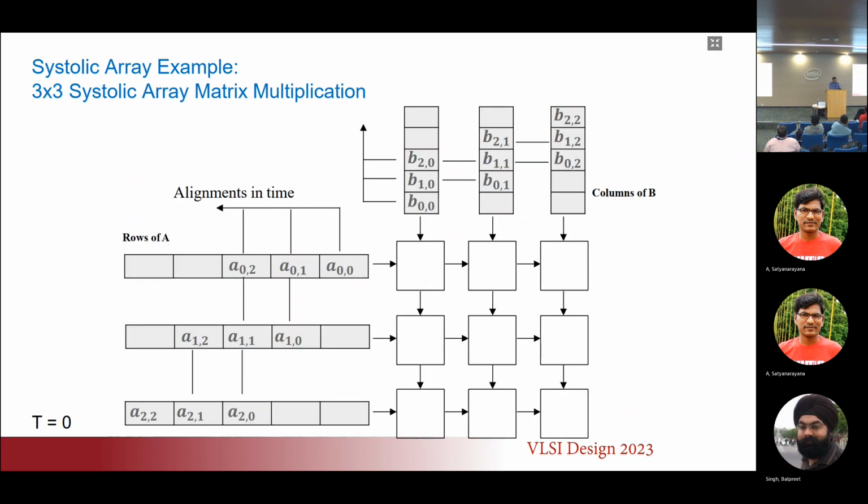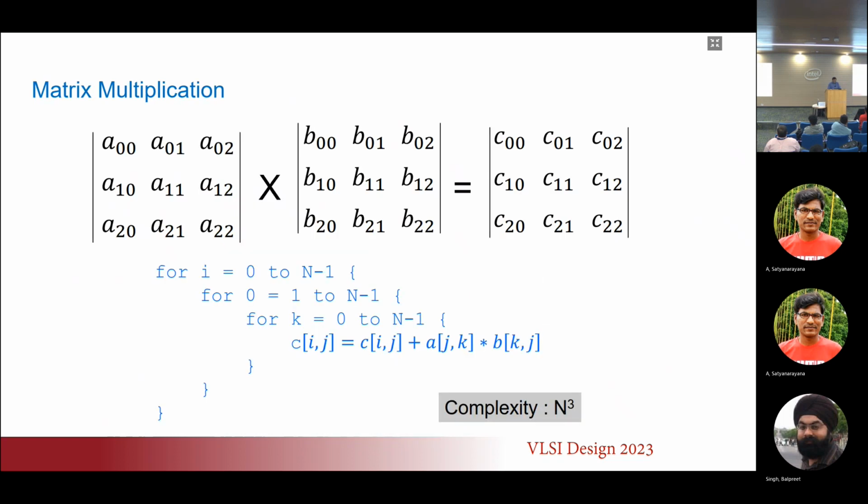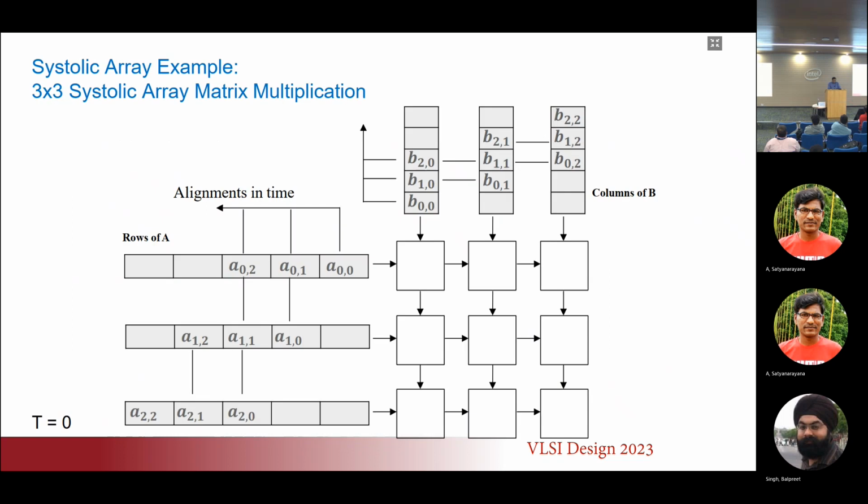Now I will take the first row and the first column, multiply them together, and then accumulate. So that's basically how it goes at a time for each element. It's a triple loop, and so it's an n-cube computation.